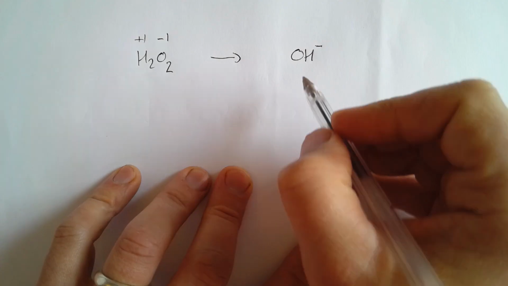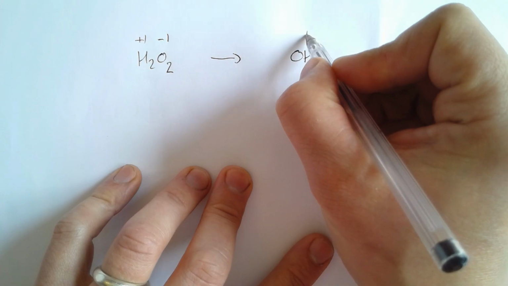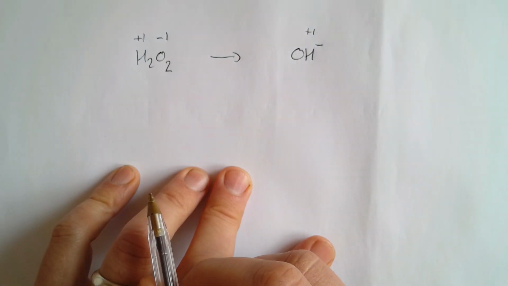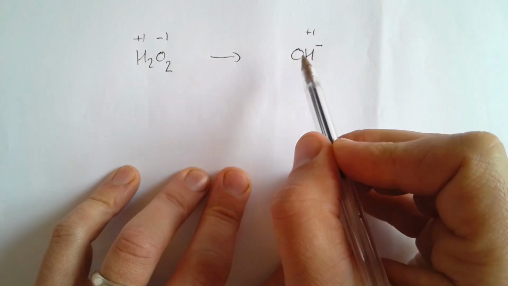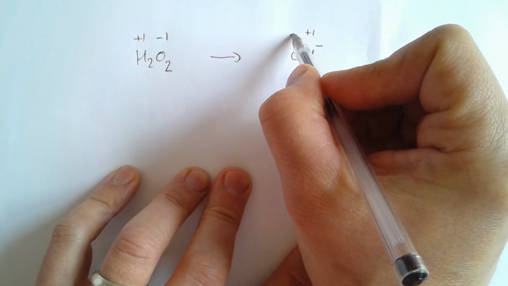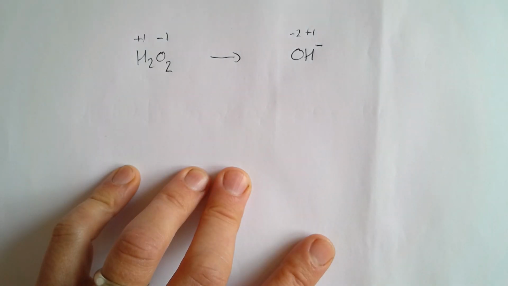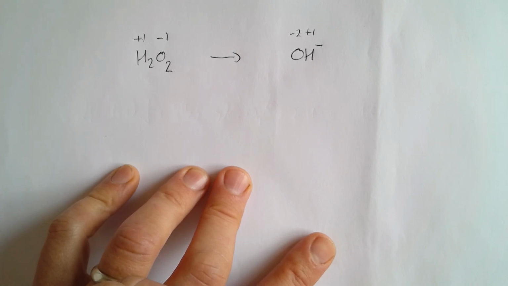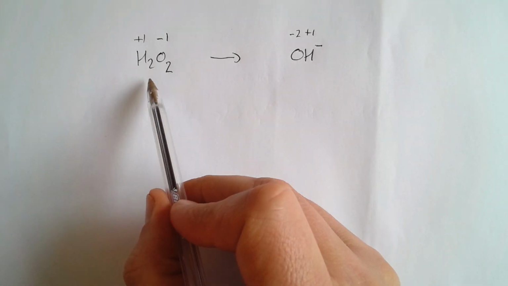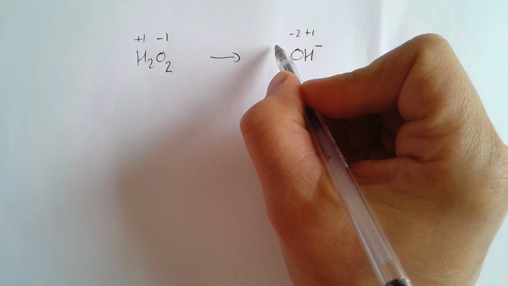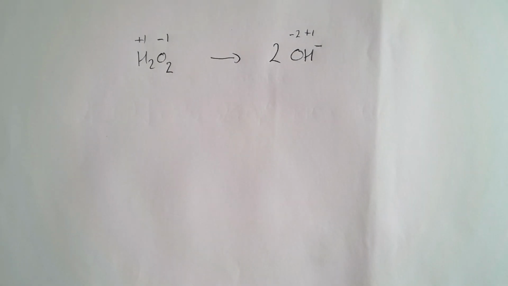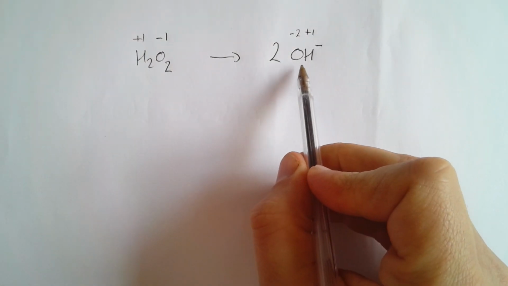Over here, again, hydrogen is in a +1 oxidation state, which in this case, because the sum of the oxidation states is -1, this must be a -2 oxidation state. So now we need to balance up for our atoms. We've got 1 mole of the hydrogen peroxide, 2 moles of oxygen here, so we will have 2 moles of hydroxide ions being created.